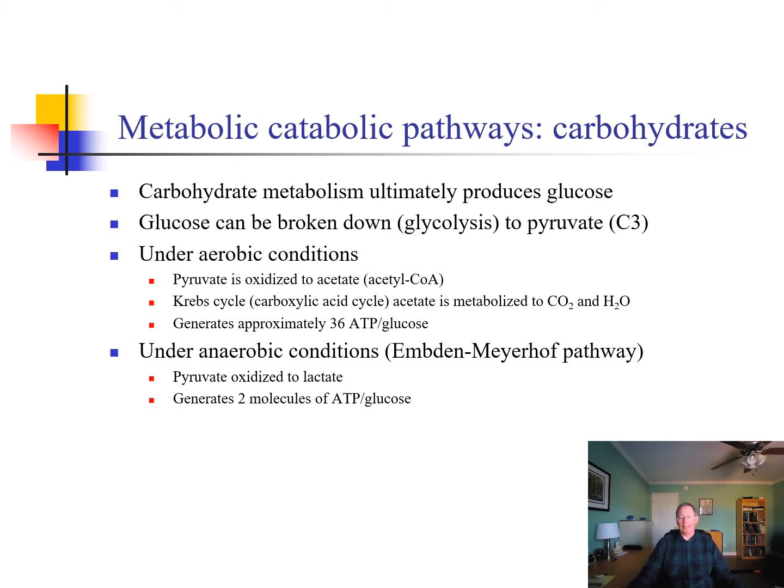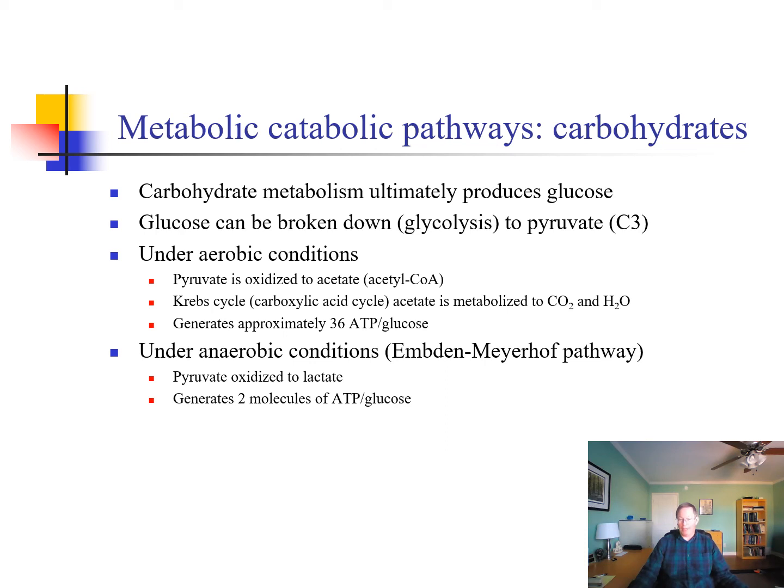Glucose ultimately is broken down via glycolysis to pyruvate. That means you're taking a 6-carbon moiety and breaking it down into 2 pyruvates or 3 carbon moieties. Under aerobic conditions, that is when you have oxygen present, which is most of the time, the pyruvate then gets oxidized to acetyl-CoA, and that acetyl-CoA is fed into the Krebs cycle.